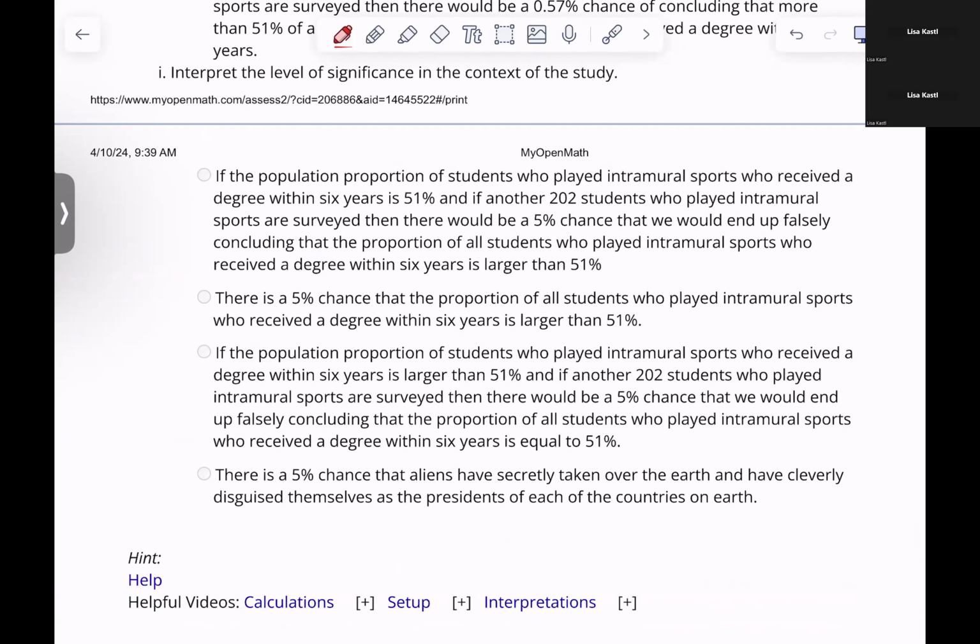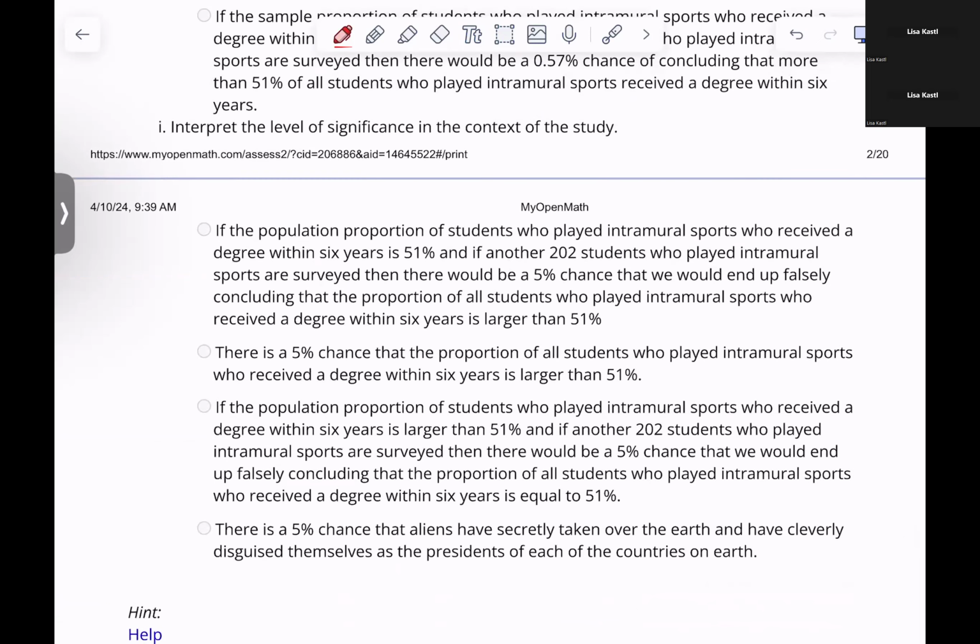All right, the last one. This one, you're interpreting alpha. And alpha is the 5%. Okay, so which one is it going to be?